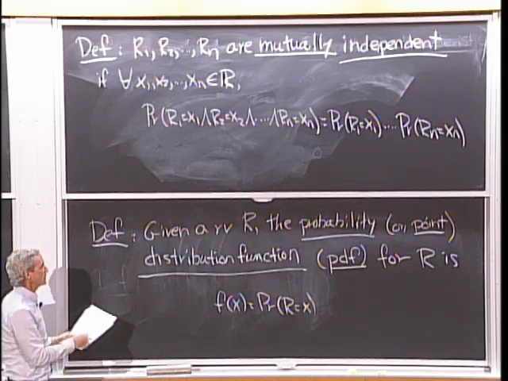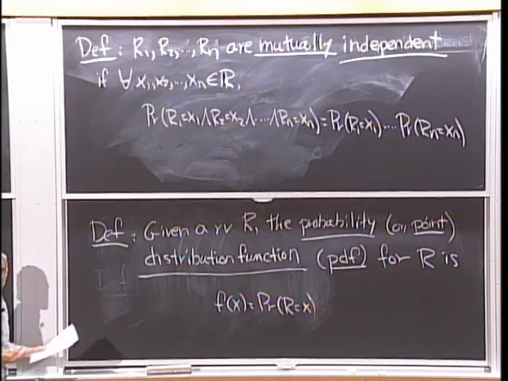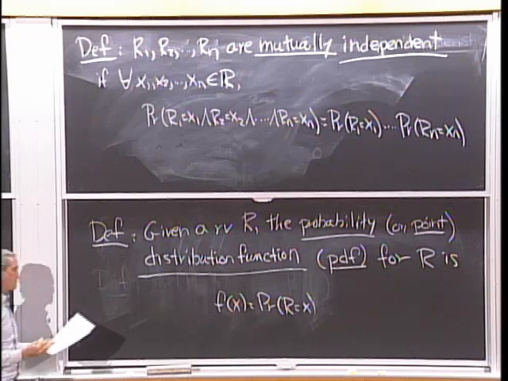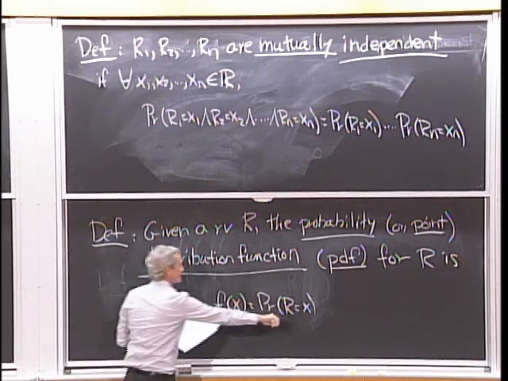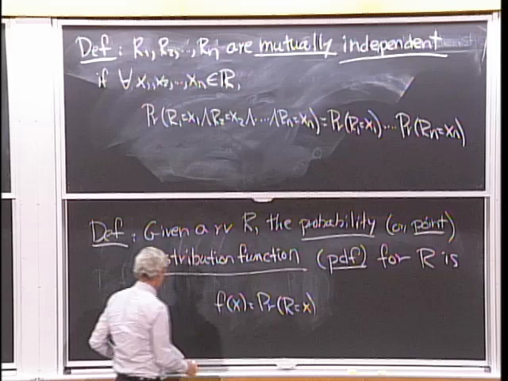And there's also a notion of the cumulative distribution function, which is going to be the probability that R is less than or equal to x. So let's write that down.